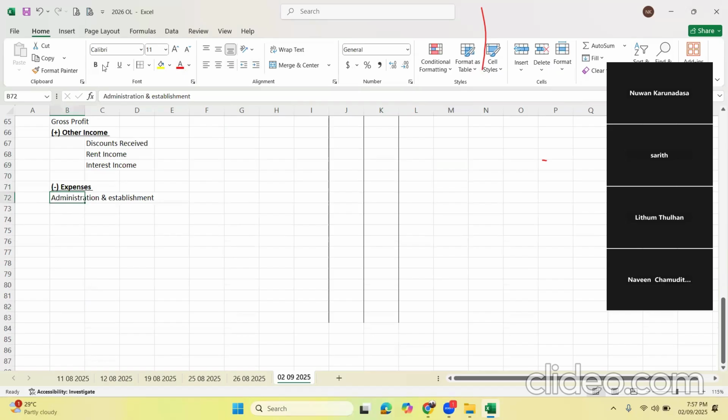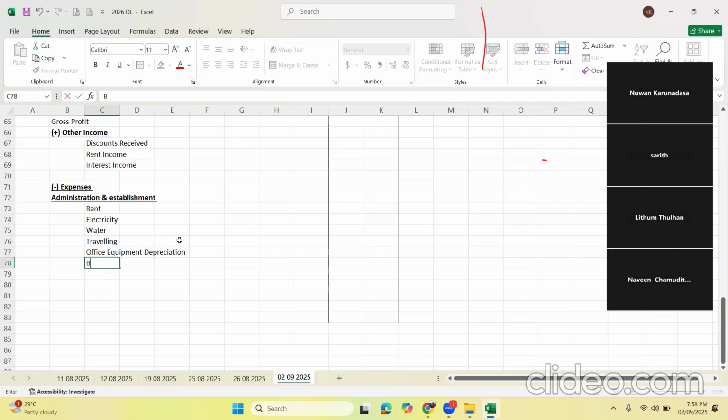Under that, there will be rent, then electricity, then water, traveling, then office equipment, depreciation, then building maintenance.